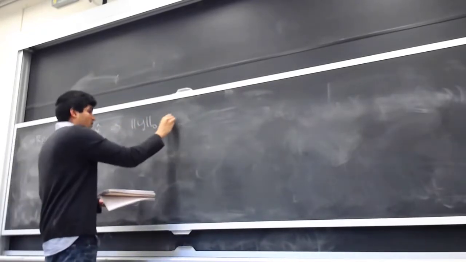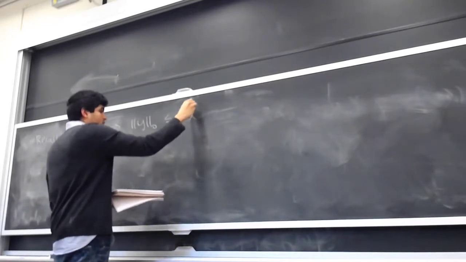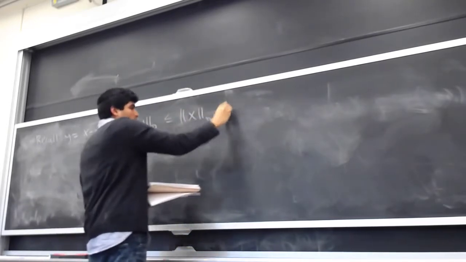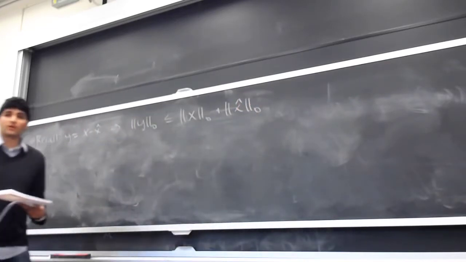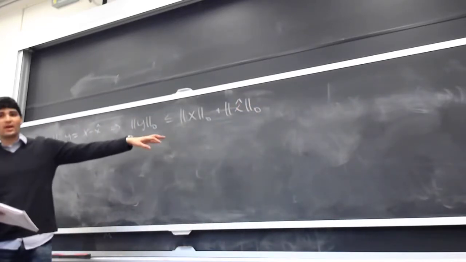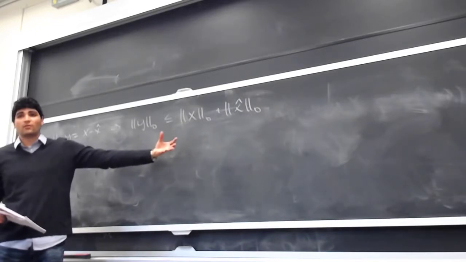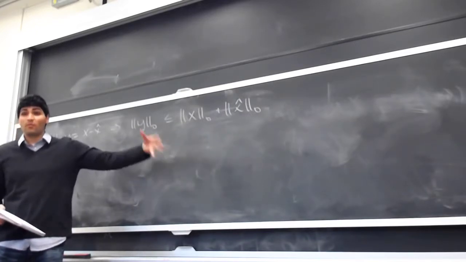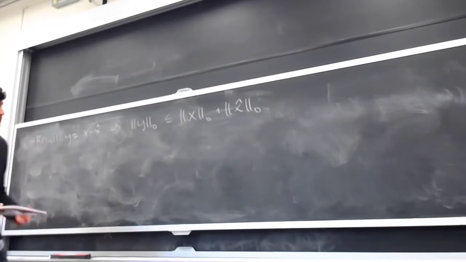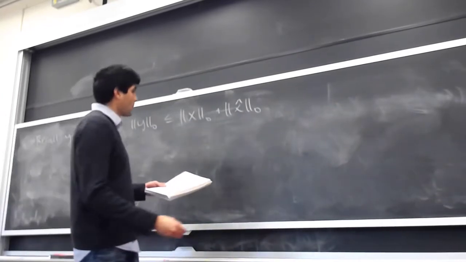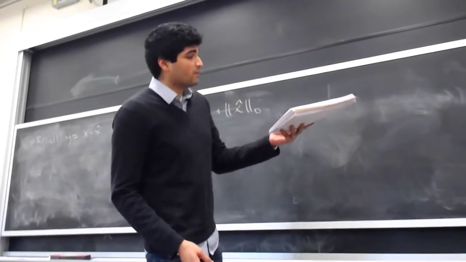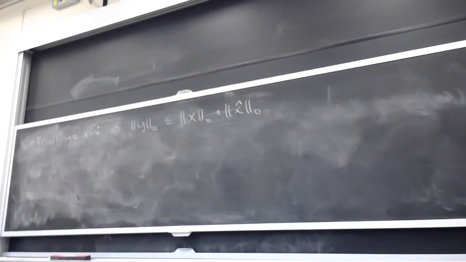which then it's easy to see that the number of non-zeros in y is at most the number of non-zeros in the two vectors. Every non-zero y has to come from at least one of x or x hat. We have to be able to blame one of its non-zeros. So now all this is going to give us is that, by assumption, we had that x hat 0 is strictly less than root m over mu.